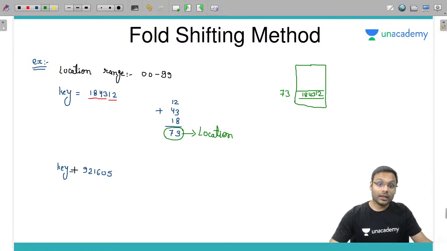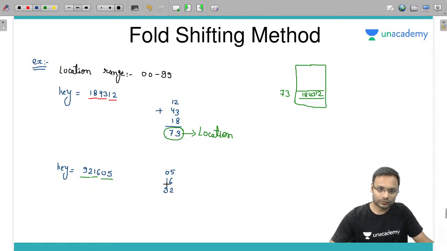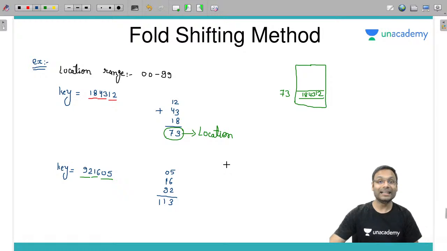Now the key is this. What should I do? Take the fold of 2 digits, just because in my location range I have 2 digits. 05, 16, 92. Add this. 113.